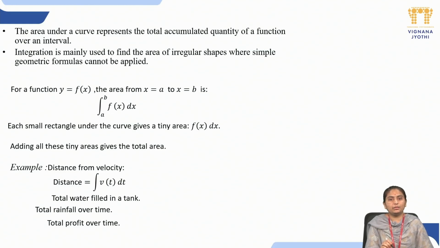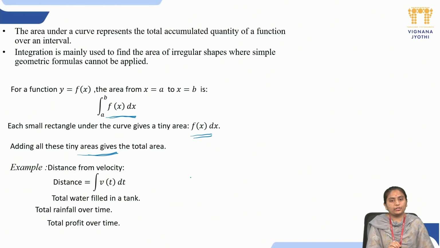So for a function y is equals to f of x, from the initial point x is equals to a to x is equals to b, we can represent it mathematically as the integral from a to b of f of x dx. Each small rectangular strip under the curve gives a tiny area, that is f of x dx, which we have just seen. Adding all these tiny areas gives the total area.